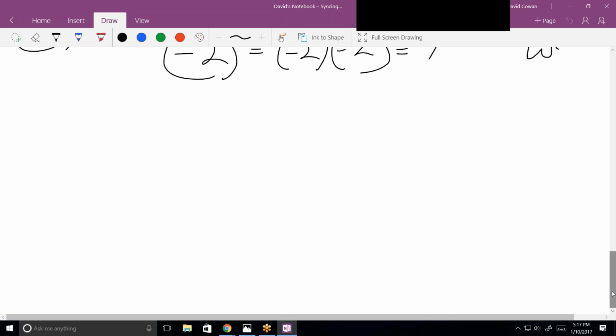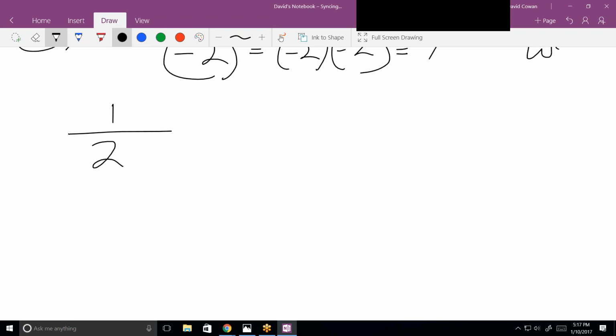What else you got, Logan? 1 over 2r to the power of 6, and that's all those in parentheses to the power of negative 6. Like that? Okay.